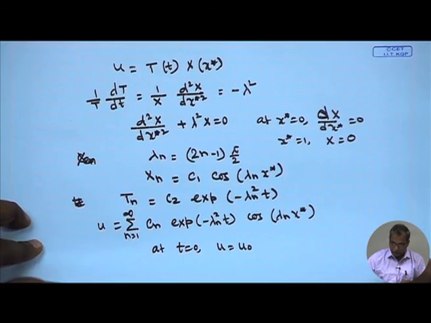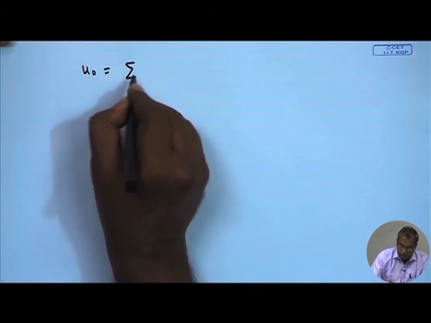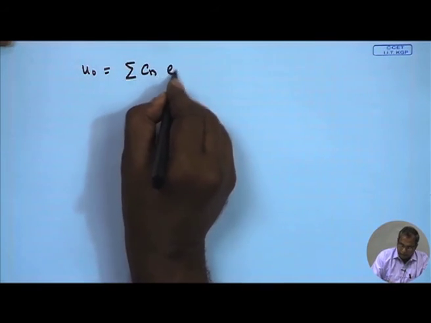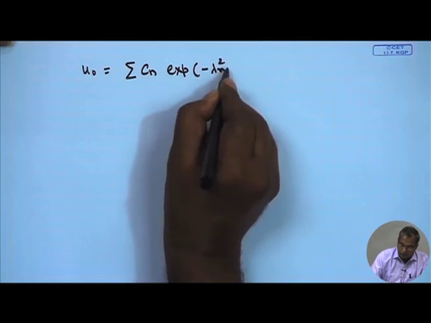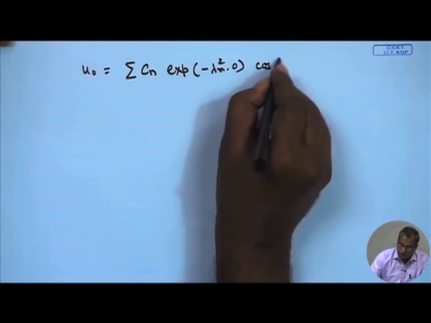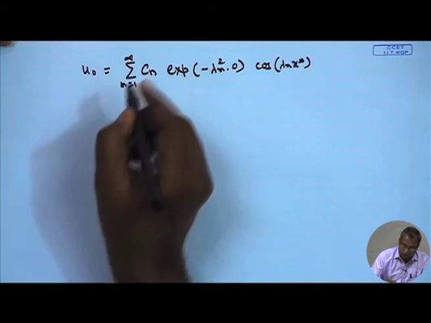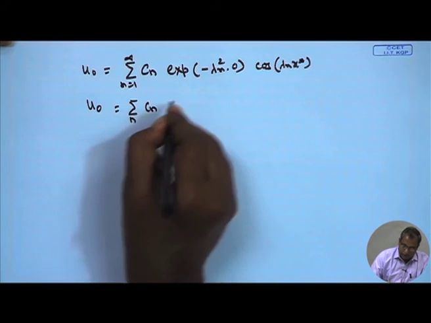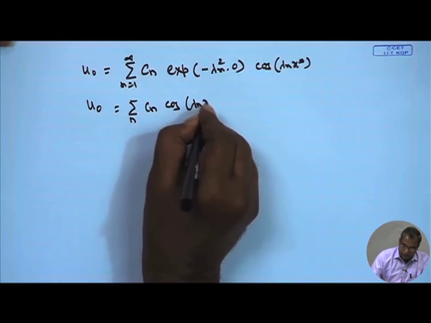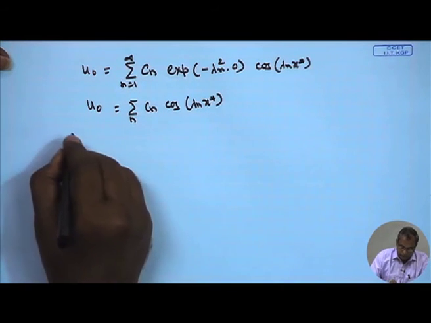Let us completely solve this problem. So, u naught is equal to summation c n exponential minus lambda n square times 0 cosine lambda n x star. So, this will be u naught equal to summation c n cosine lambda n x star, and again we will be utilizing the orthogonal property of the cosine eigenfunctions.